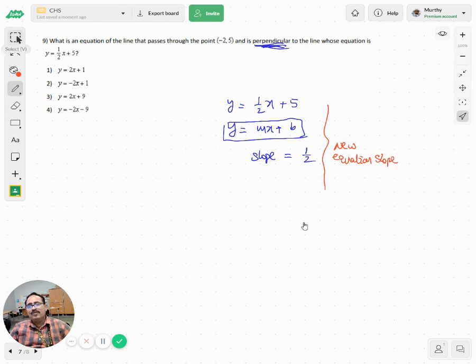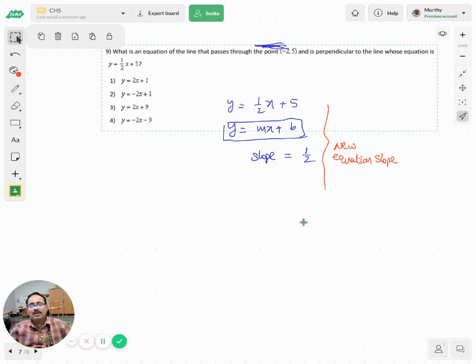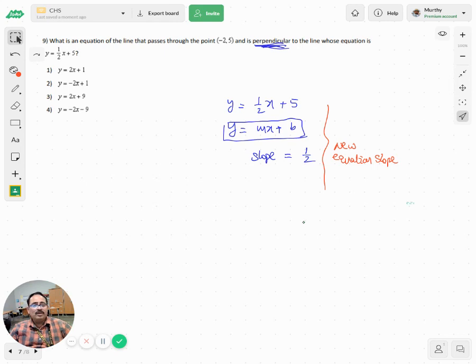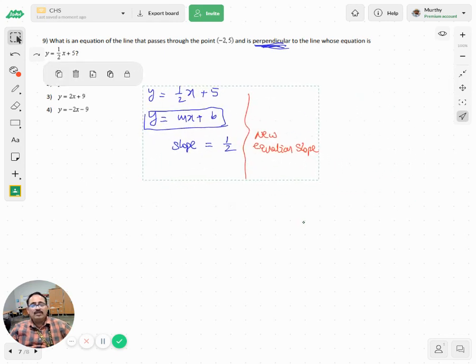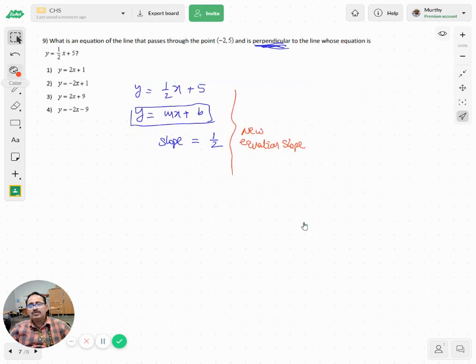Oh, I need some more working space, so let me move this one a little here. Okay. So the new equation slope should be, remember, we have to take the reciprocal. So 1 over 2 changes to 2 over 1, and we have to switch the sign to negative.